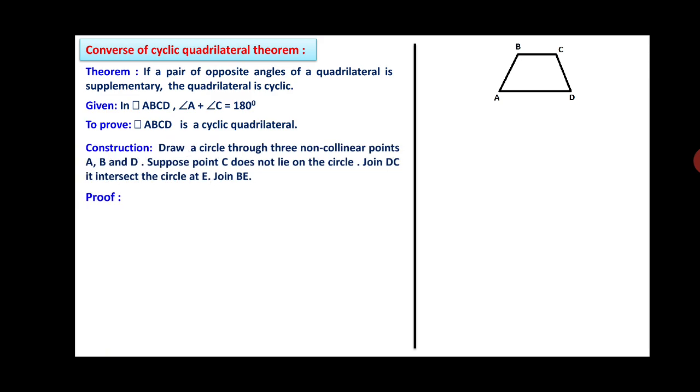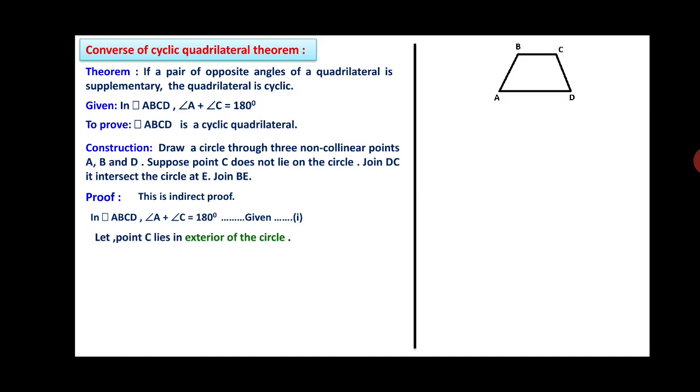This is the figure we will continue with. This is an indirect proof. Therefore, in quadrilateral ABCD, angle A plus angle C is 180. It is given, statement number 1, that point C lies on the exterior of the circle like this. It is the figure.